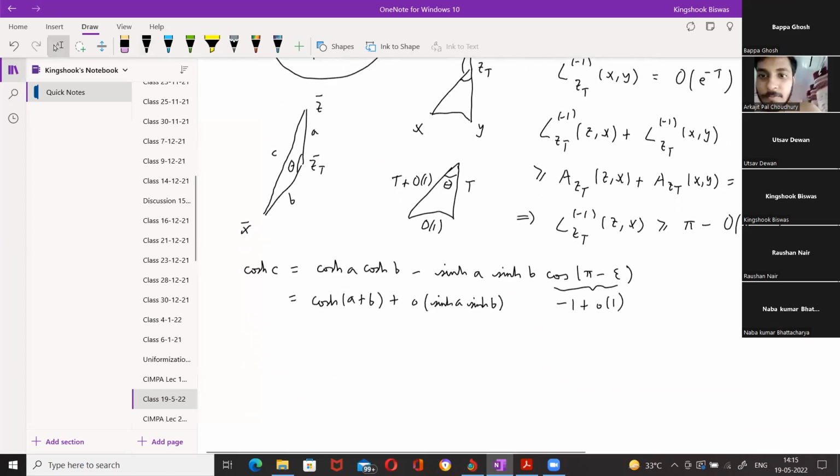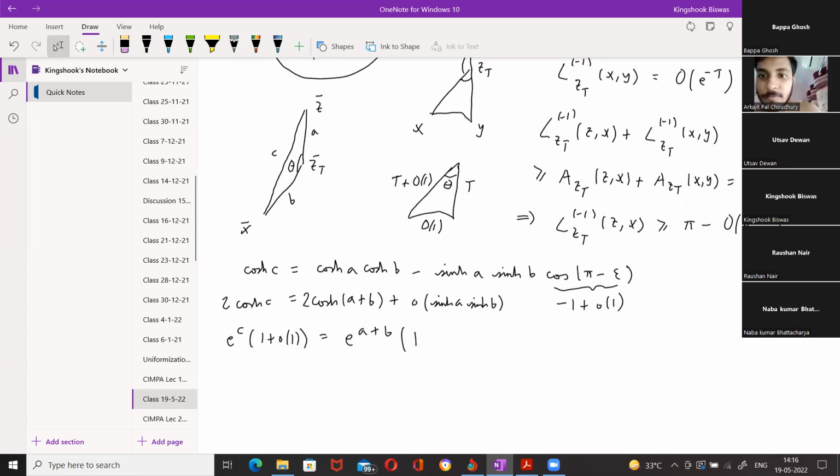Okay, and so if I multiply things by 2, then 2 cosh C is e to the C times 1 plus little o of 1, which is e to the A plus B, and then I take this common.